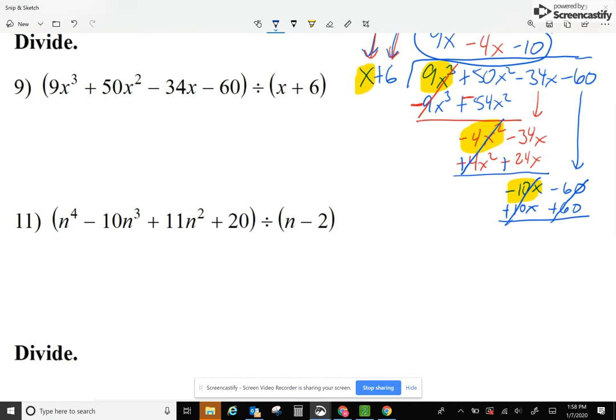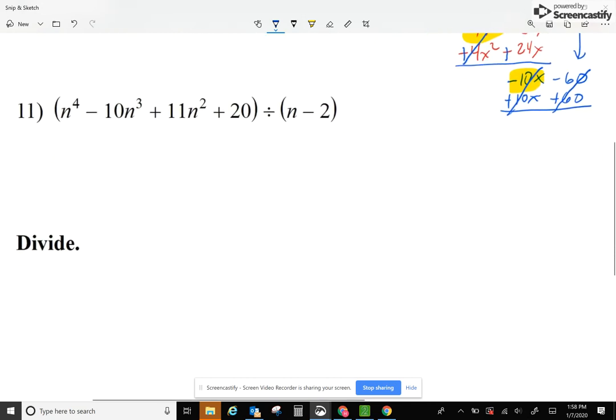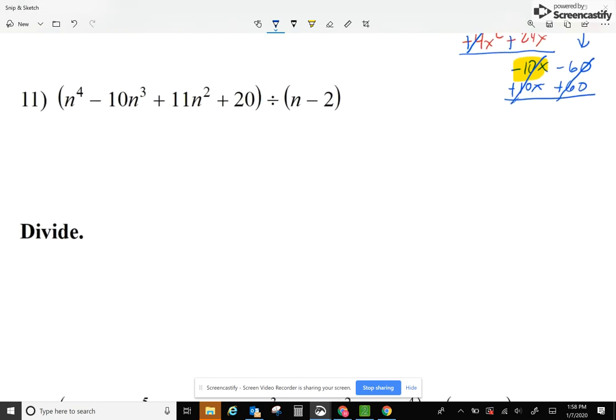Now let's take a look at question number 11. Let me rewrite this as n minus 2. I'm going to divide this into n to the fourth minus 10n to the third plus 11n squared plus 0n plus 20. Remember, I just said make sure you're not skipping any exponents.